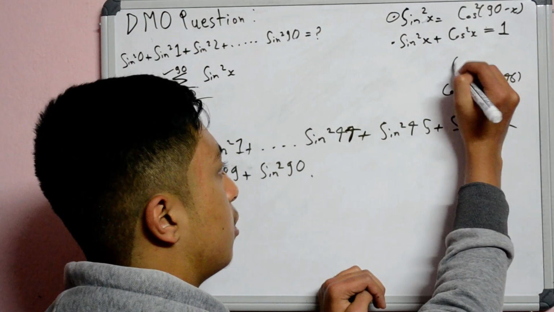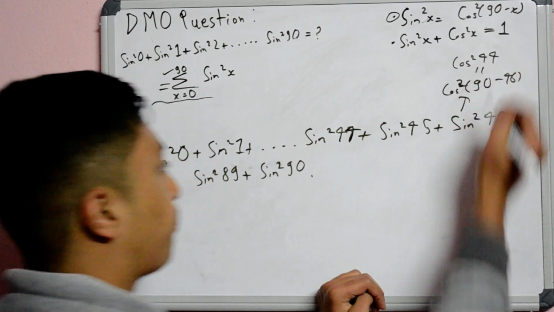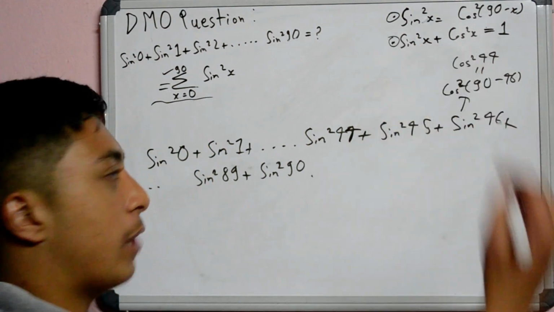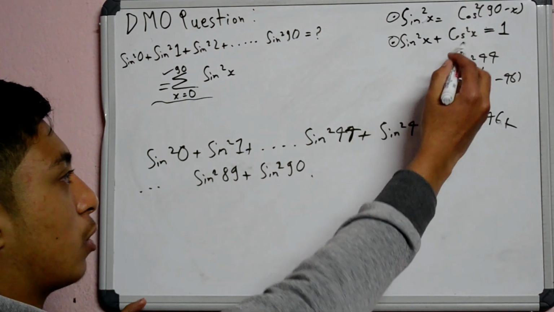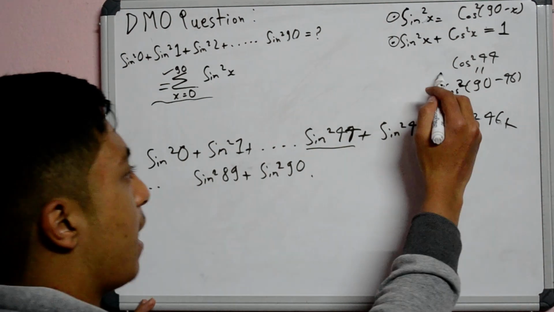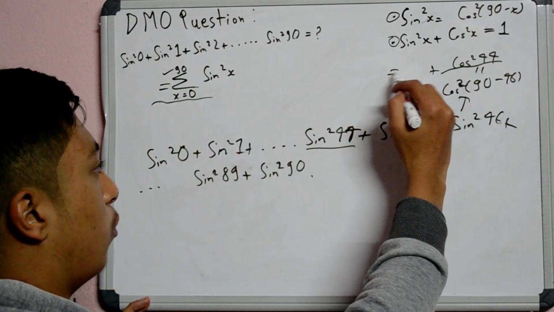So we get cos square of 90 minus 46, which is 44. And we then use this property right here: sine square x plus cos square x equals 1. And here we have sine square 44 and cos square 44. These two when added will give 1.